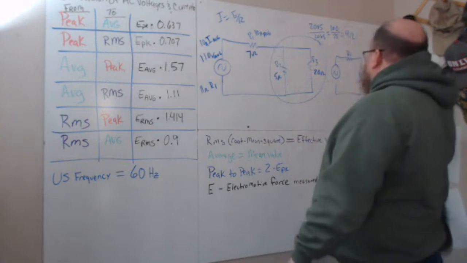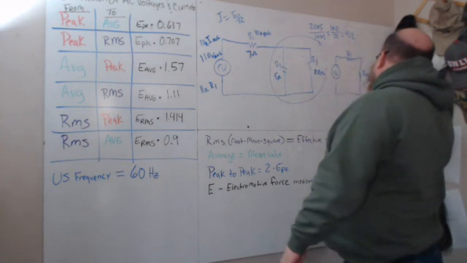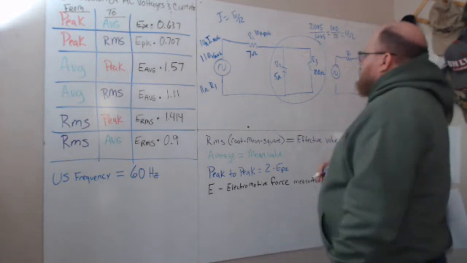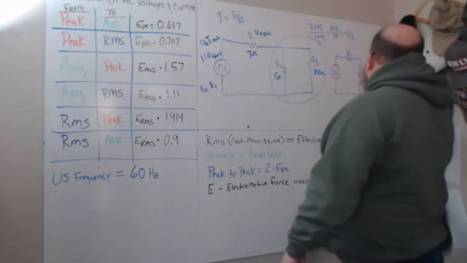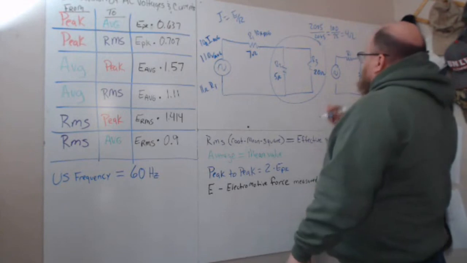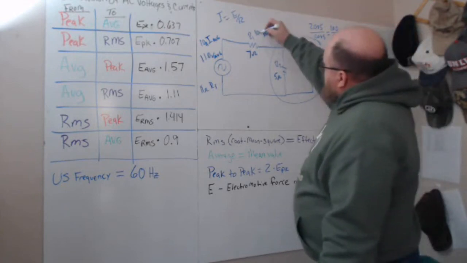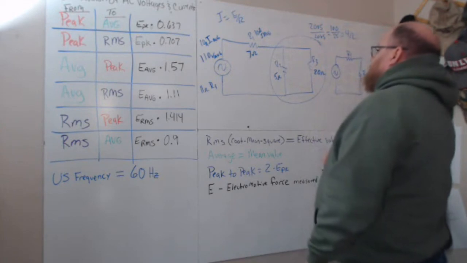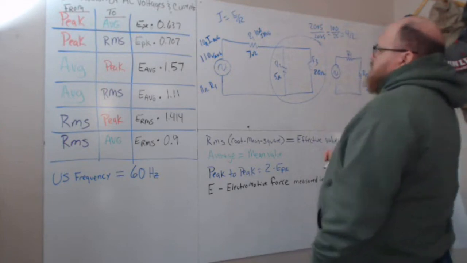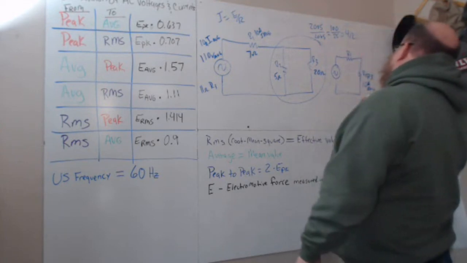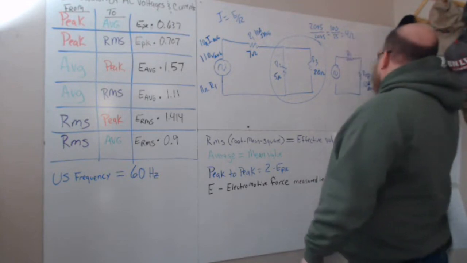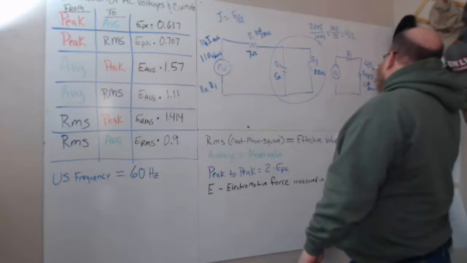With the parallel with both these combined, it's going to be 10 amps I average. All right, so with this, I multiply my 10 amps times my 4 ohms. It's going to give me 40 volts.